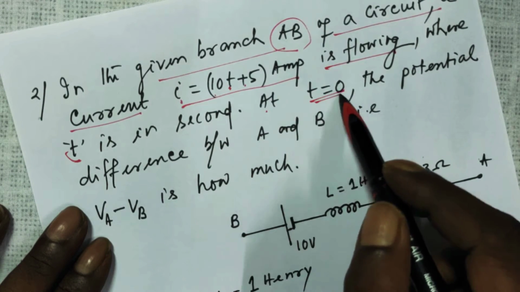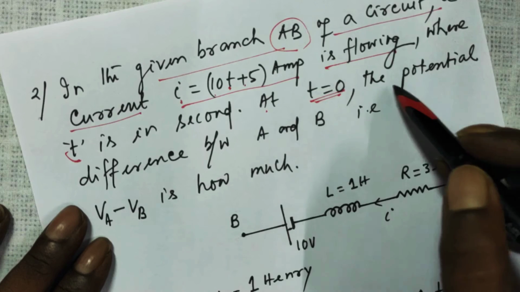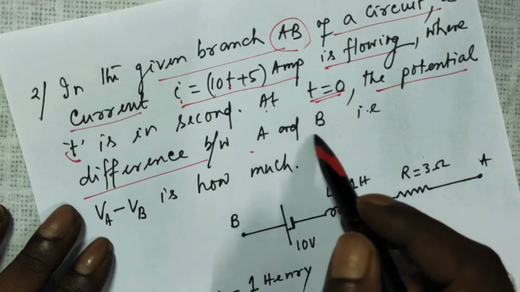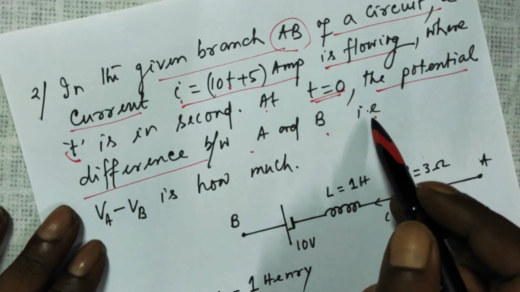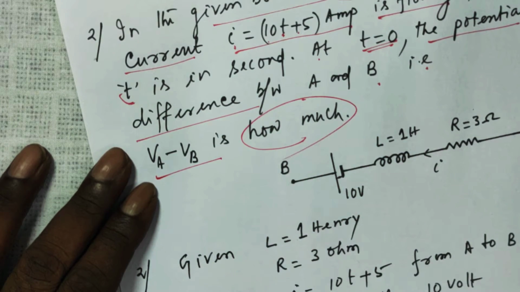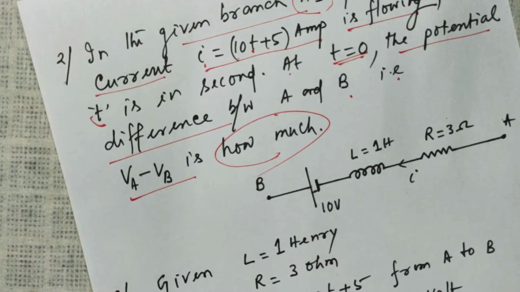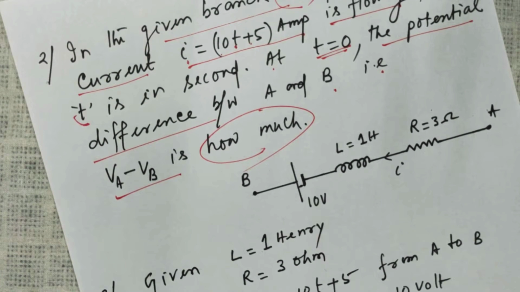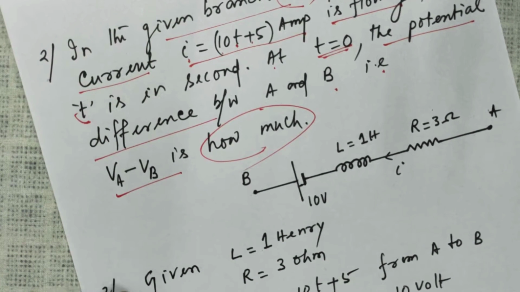At t equal to 0, what is the potential difference between A and B, that is VA minus VB? Look, the question I just discussed is very similar to this.